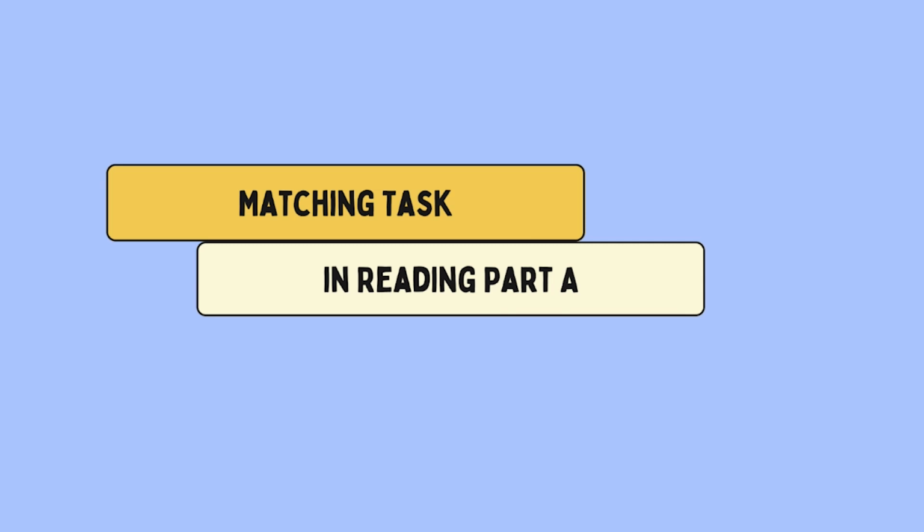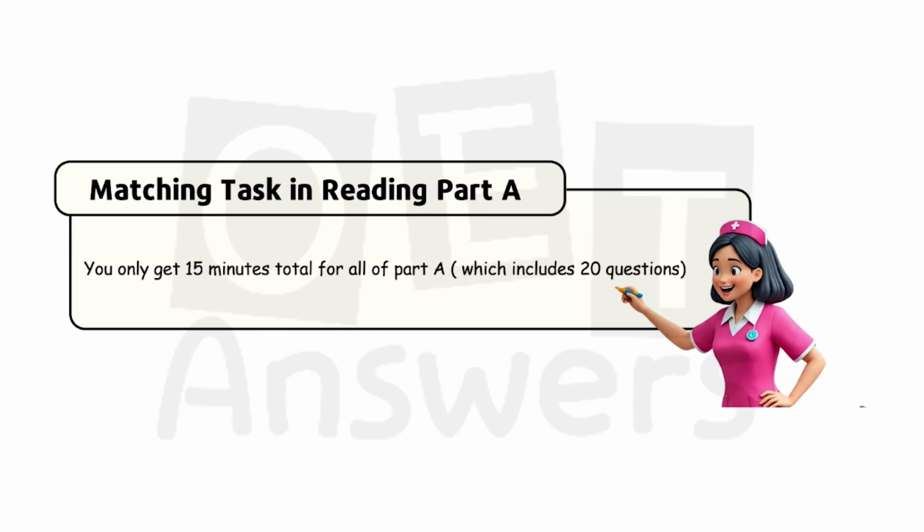In this video, we will explore the matching task which comes in Reading Part A. If you take Reading Part A, there are questions 1 to 7, which we call the matching task.